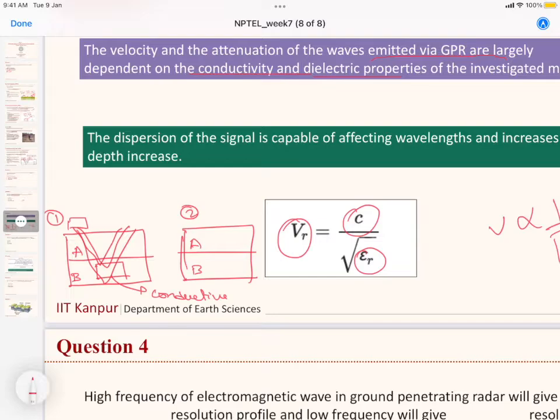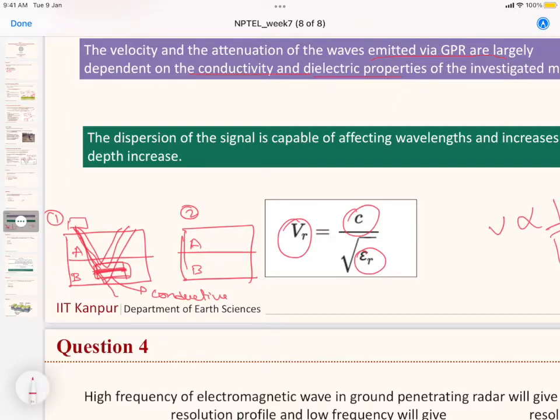Why? Because this electromagnetic wave, like a simple current, has a property that it tries to travel through the least resistive path. So does the electromagnetic wave. So once it identifies this conductive body, most of the wave will pass through it, and very little of the wave will go further deeper.